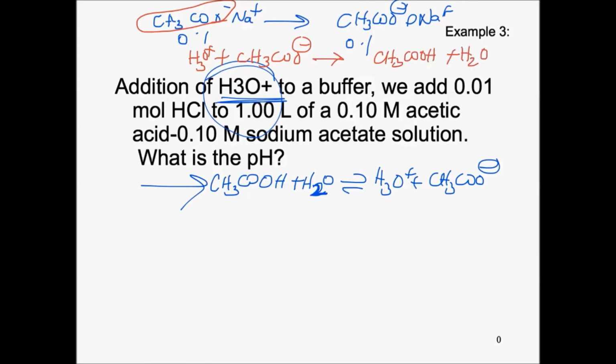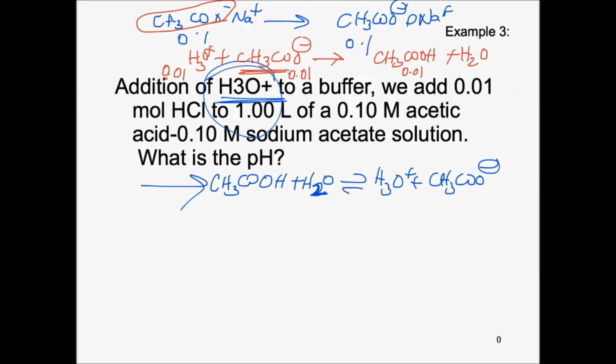Because the amount of hydronium added is only 0.01, that is going to completely combine and get used up by the acetate, which is why it doesn't feature in your initial concentration for the ICE. 0.01 will be used up to generate 0.01 of acetic acid.